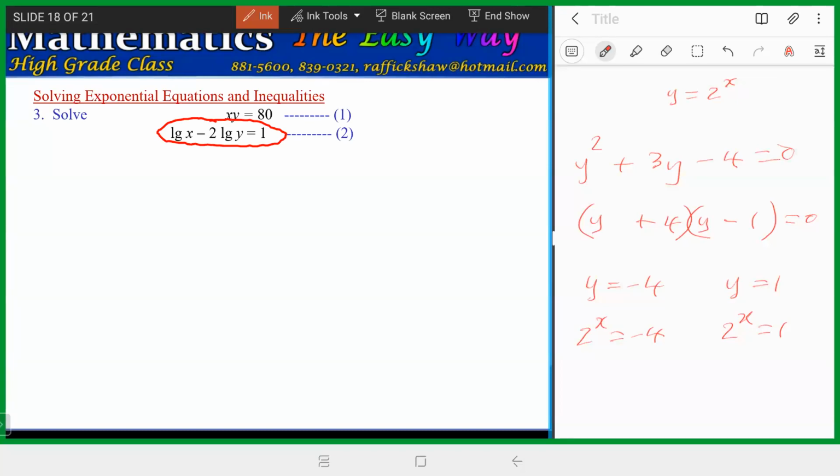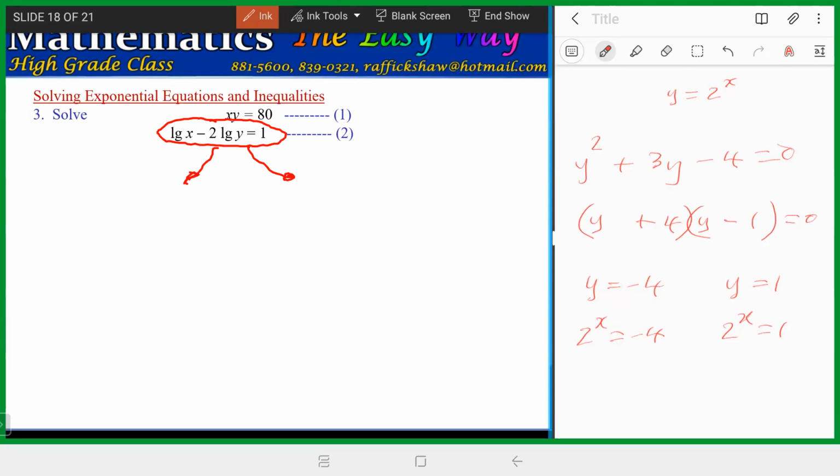You're going to use the laws of logs to simplify it down. The laws of logs that we looked at, you have to sit down and study and learn them, left to right and right to left. As you see it, you must know it, you must do it.